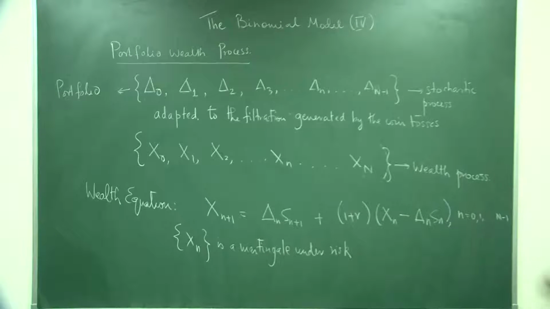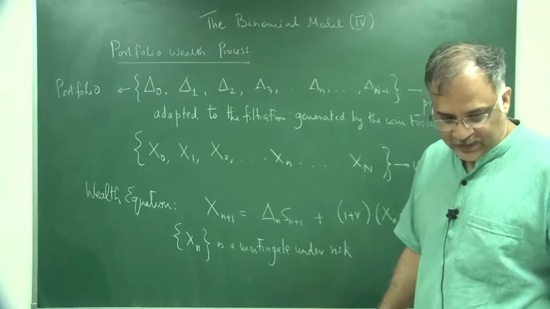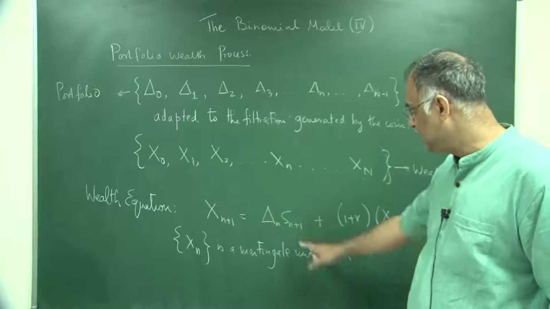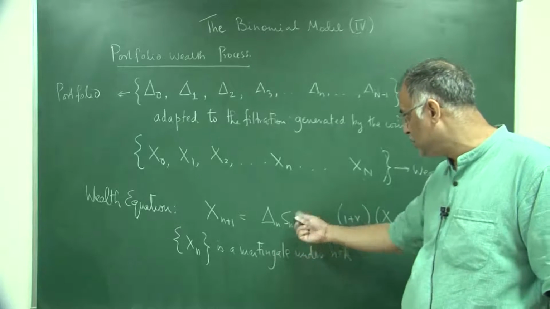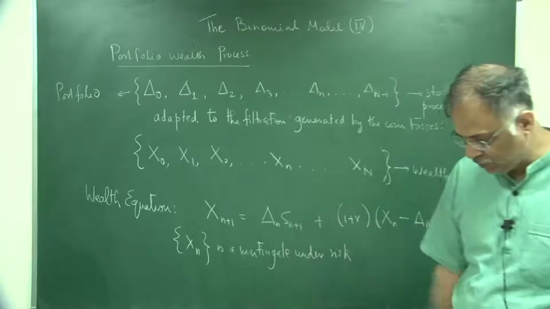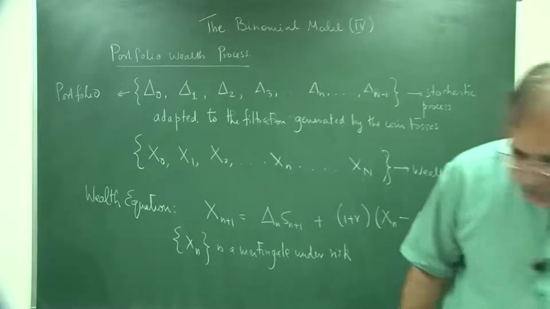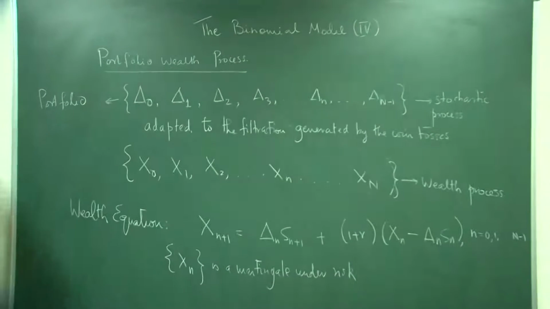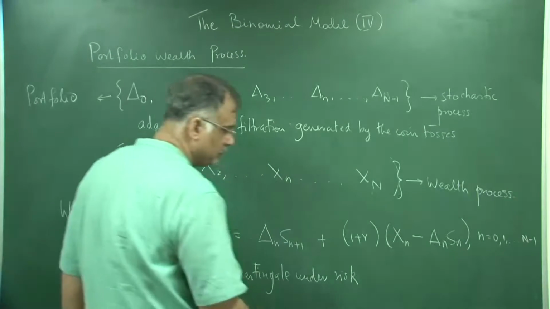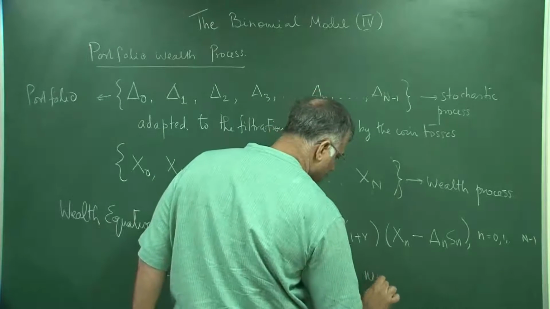This is actually some sort of difference, d of Sn basically, which we will not discuss right now, but rather we would try to prove that this is a martingale under risk neutral probabilities.